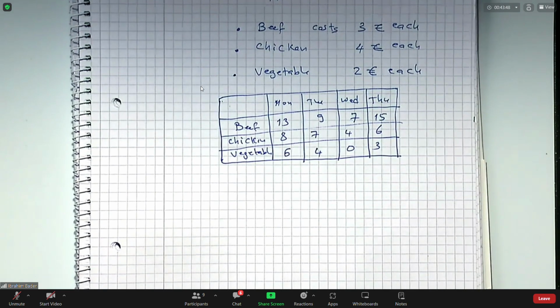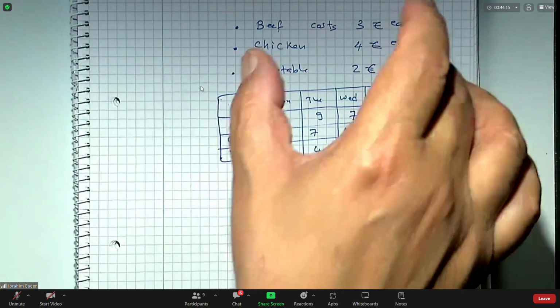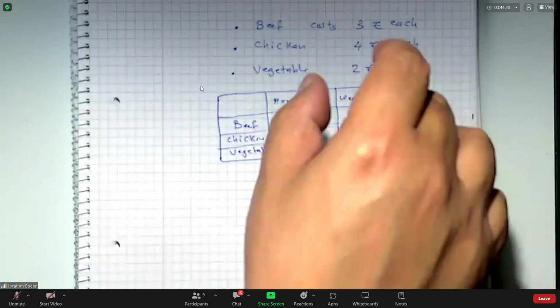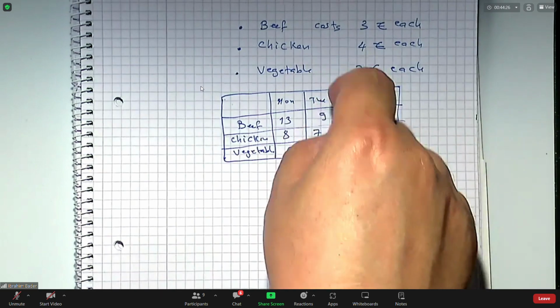Now, if you want to find out the total sales over the days from each item, this is exactly the product of, if you put this here in one column or one row matrix, multiplied with here 1, 2, 3 times 4.